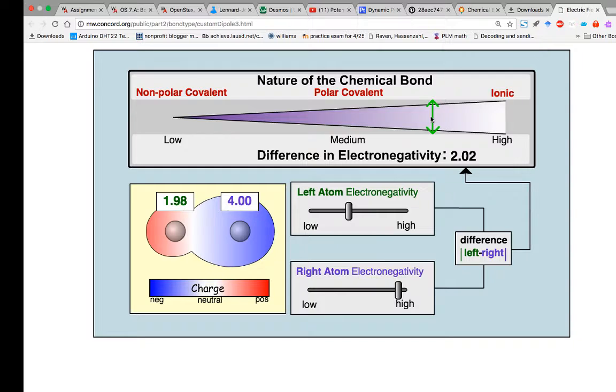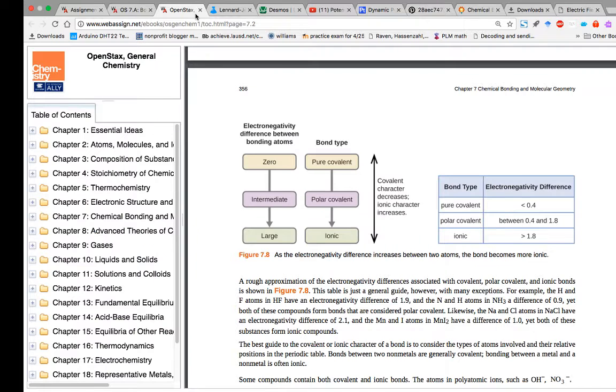You could make a little argument, oh, it's actually more polar covalent, but then the other person could say, no, it's really more ionic. And your textbook gives you a hard definition. Let me show you the page. I have seen textbooks with different definitions.